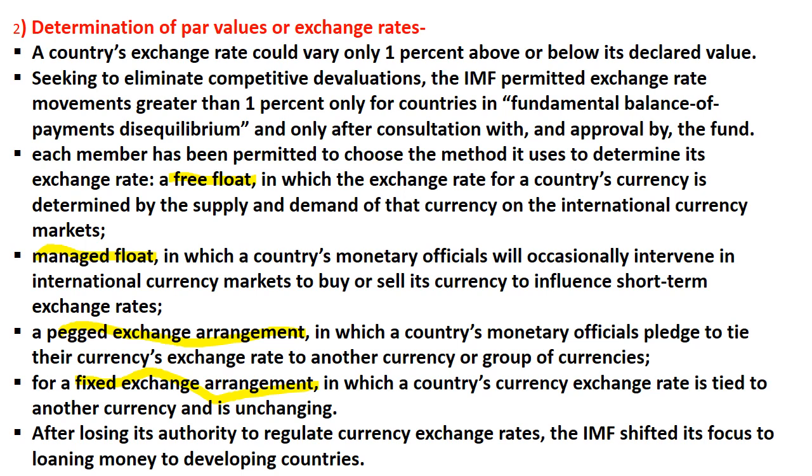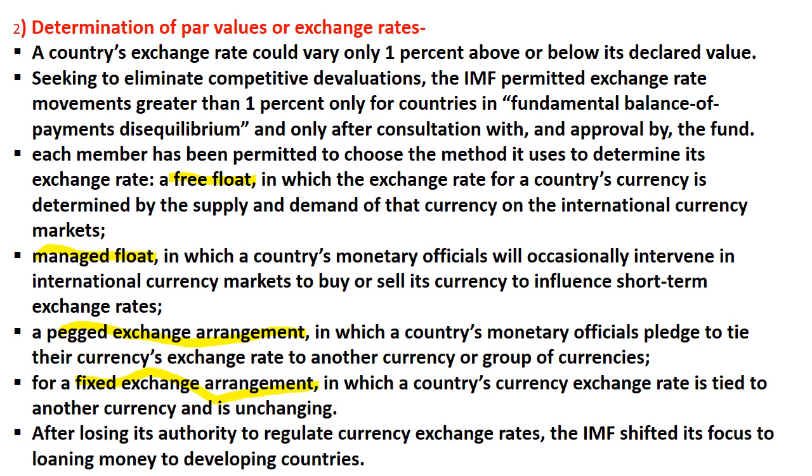In pegged exchange rate, the country's monetary officials pledge to tie their currency exchange rate to another currency or a group of currencies. Then another way is fixed exchange rate, where the country's currency exchange rate is tied to another currency but remains unchanged. So these are the different ways through which the determination of exchange rate happens.